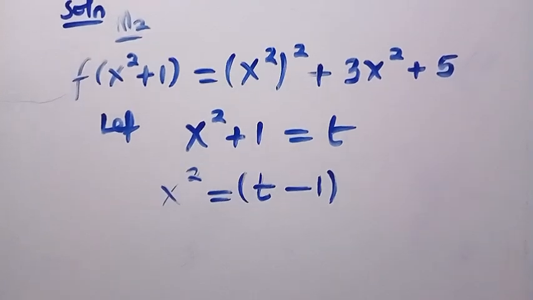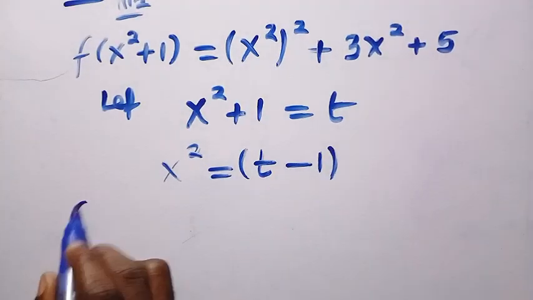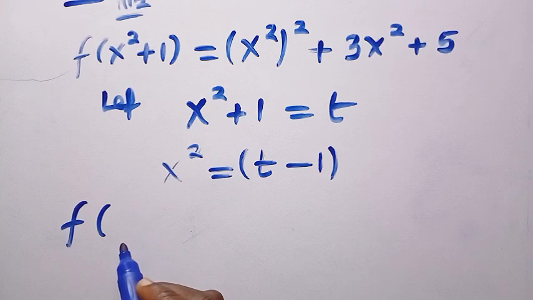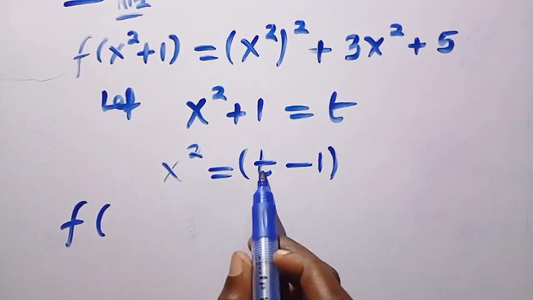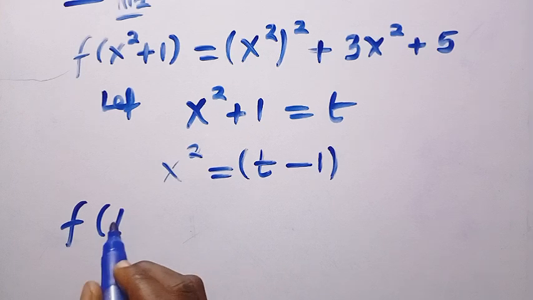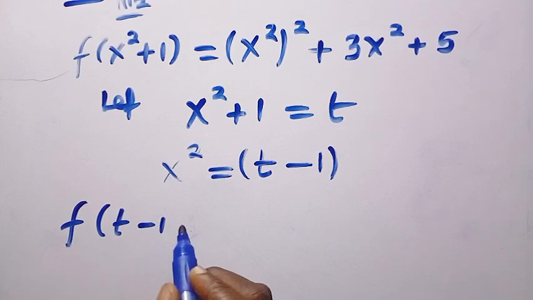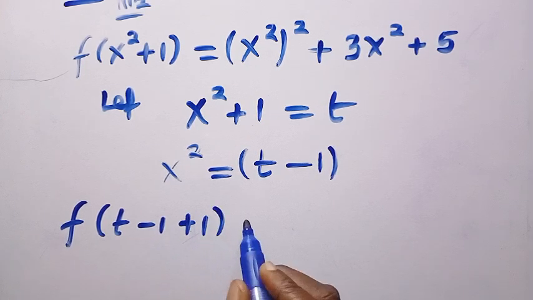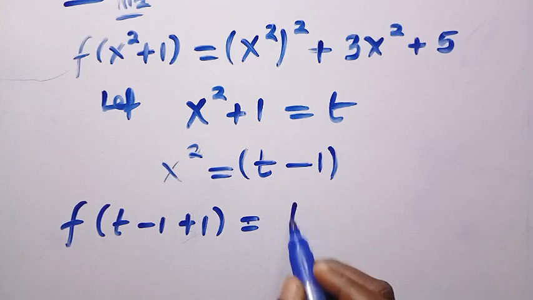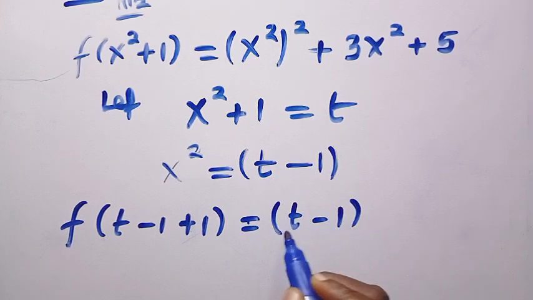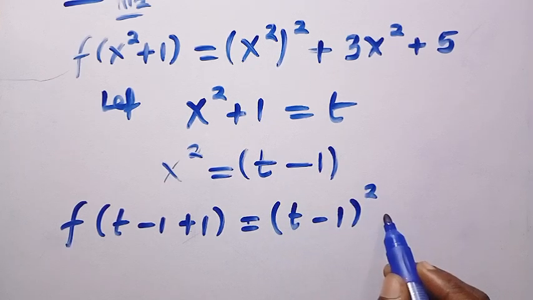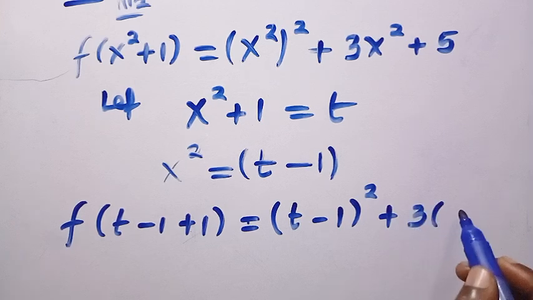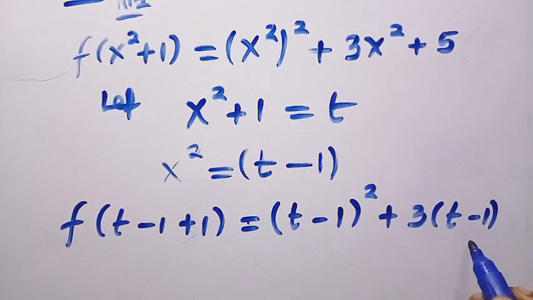Then let's come back to the function where we have f of, instead of x squared plus 1, we have the x squared already, which is t minus 1. So therefore we change this to f of t minus 1 plus 1 equals, so x squared as well has changed to t minus 1 raised to the power of 2, plus 3 times the bracket t minus 1, and here is plus 5.